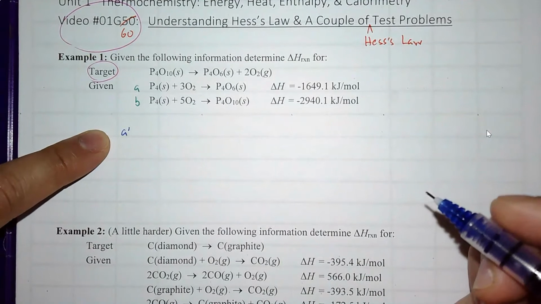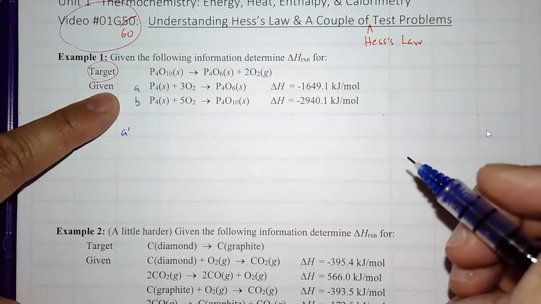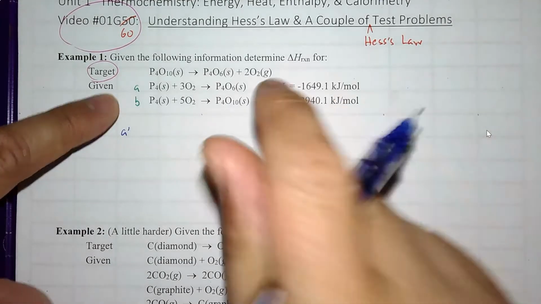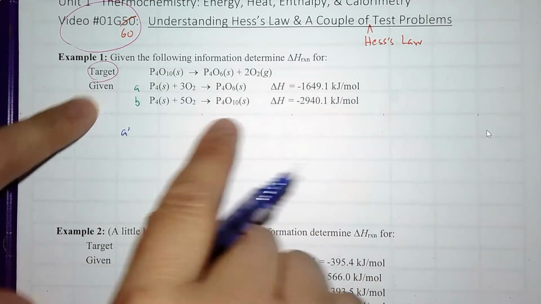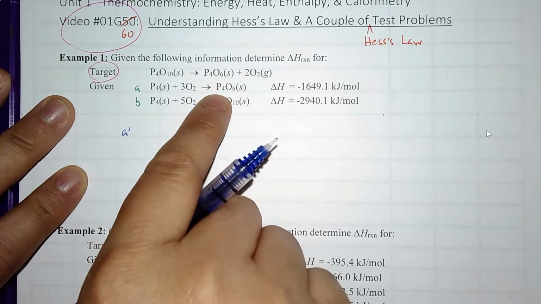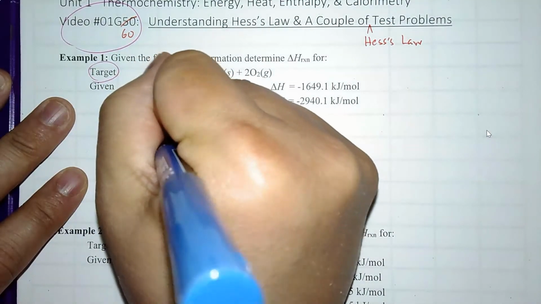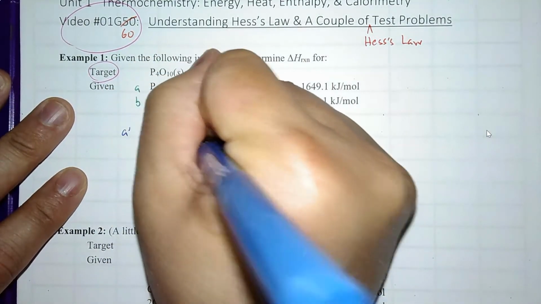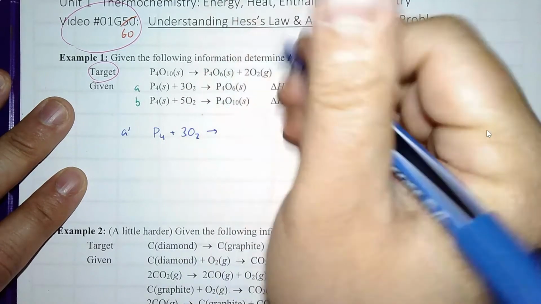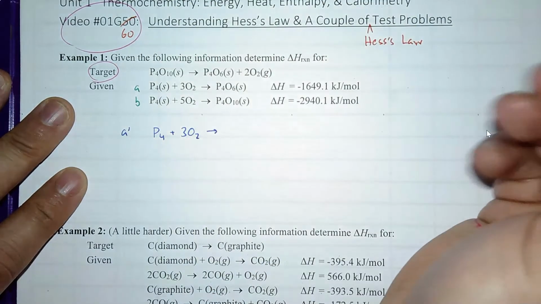For A prime, meaning that after manipulation, I am going to copy it exactly because I have a coefficient of 1 for P4O6 on the right, and I have a coefficient of 1 already for P4O6 on the right. I'm not going to worry about the states. None of these chemicals change states between the target and the given reactions.